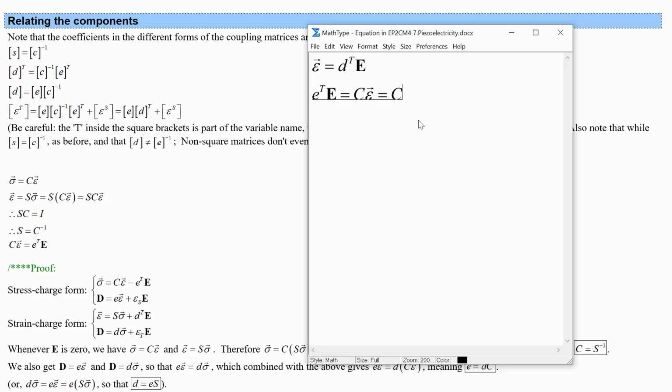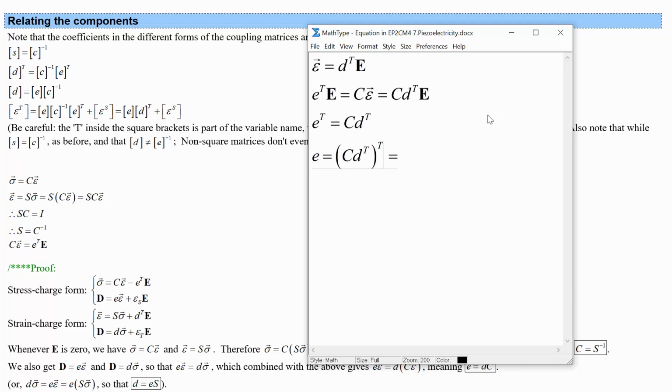Okay, now we substitute in the strain, and we've got that it's stiffness times D transpose E. For this to be true for any electric field, we need that E transpose is equal to C times D transpose. And that means, taking a transpose of everything, that E is equal to (C D transpose) transpose.